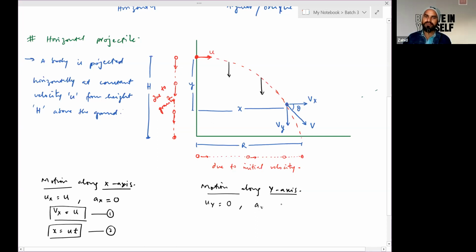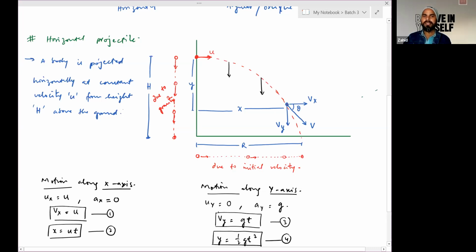So acceleration along y-axis would be g. To find final velocity, v equals u plus a times t, so it will be gt, equation 3. And s equals ut plus half at squared, so y equals half g t squared, equation 4.